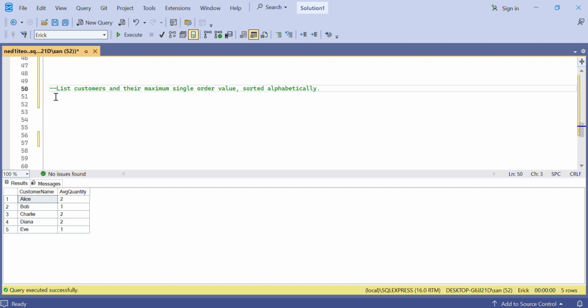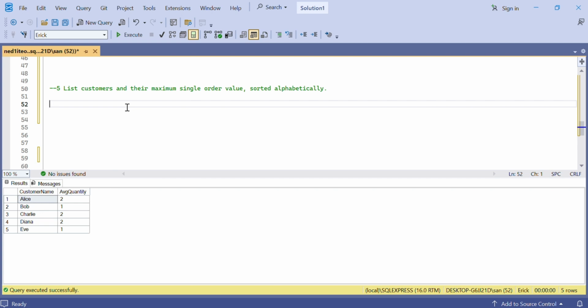So our final question is find the list of customers and their maximum single order value, sorted alphabetically. Maximum single order value.